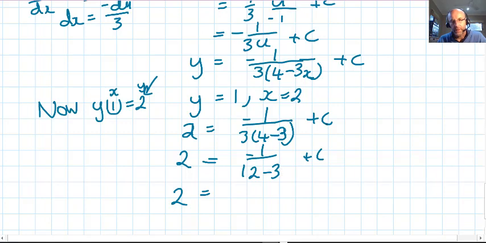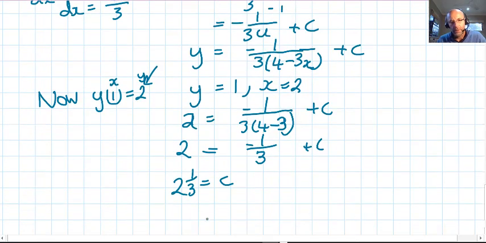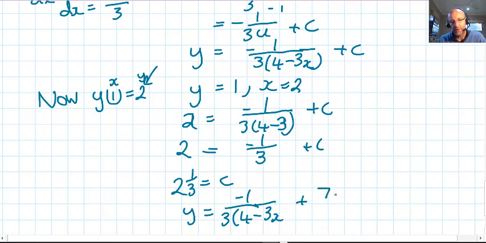So try again, and c equals 2 1/3. So we can update that equation now. So y equals negative 1 over 3 outside of 4 minus 3x. Now I'm going to change the 2 1/3 to 7/3.